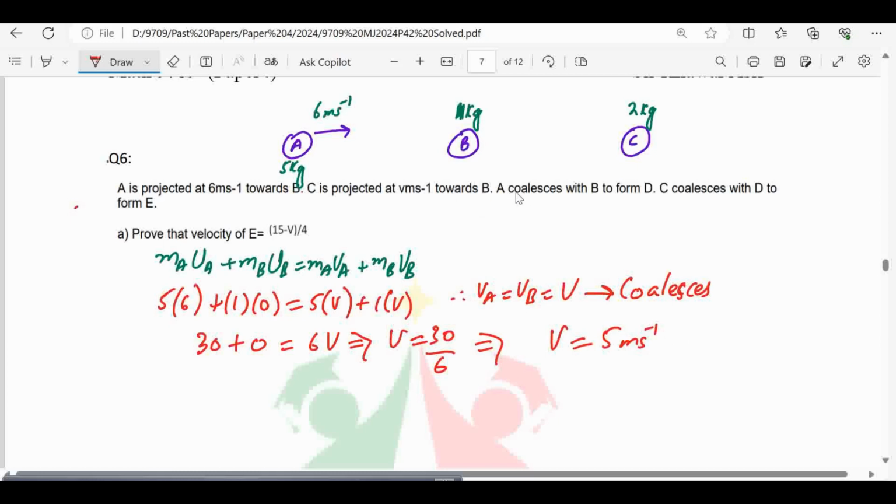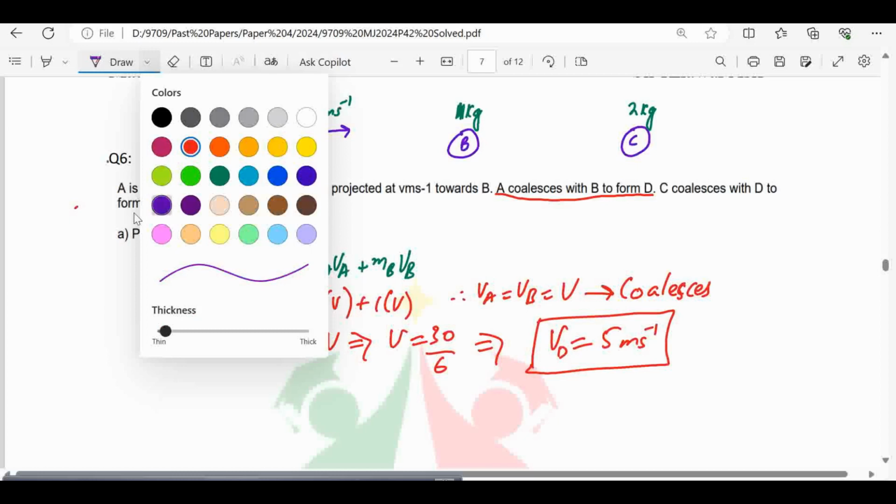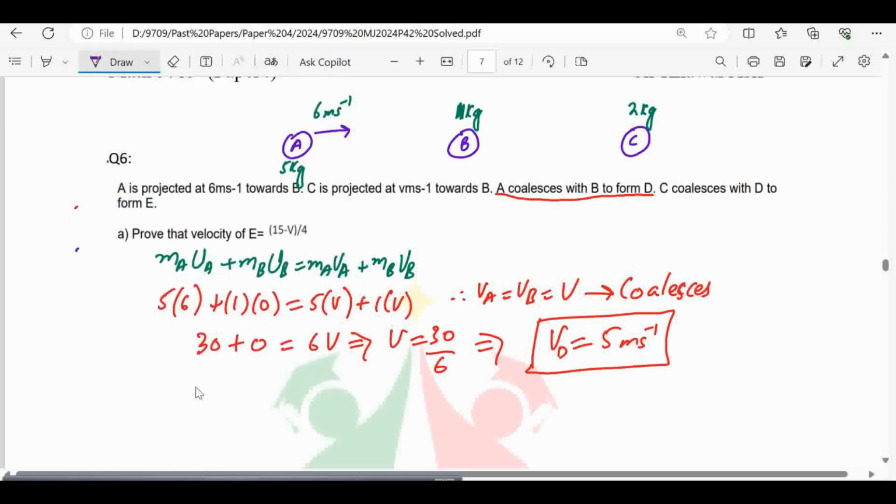Now this says that after the collision A coalesces with B to form D. It means that this will be the initial velocity of the particle D after the collision. Now the situation is that we have two particles, D and C, moving towards each other.